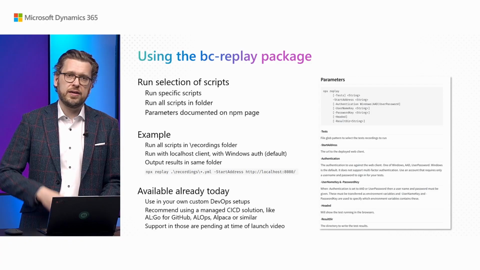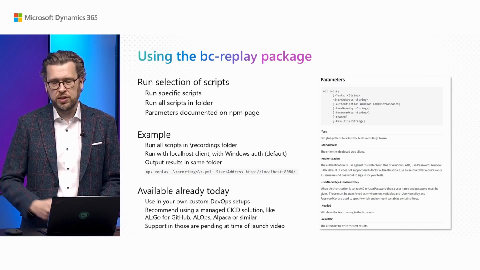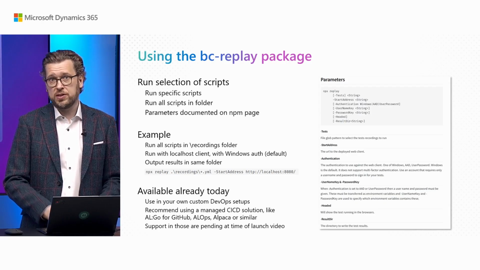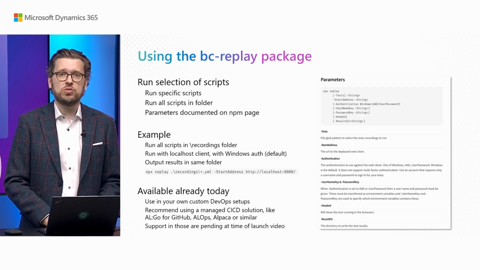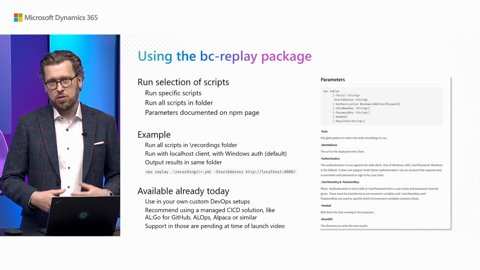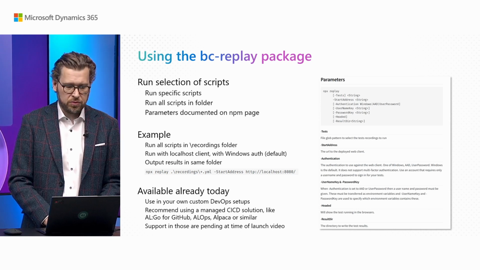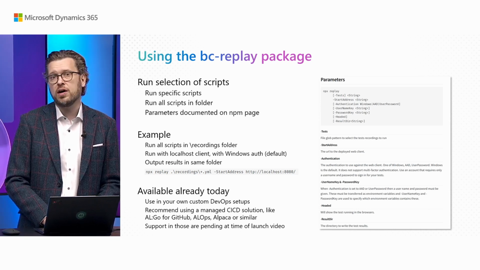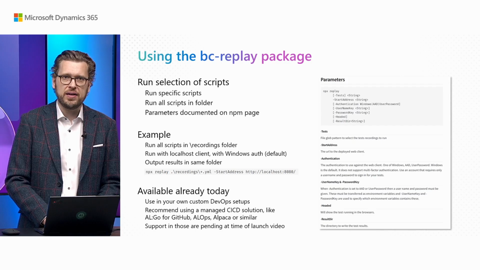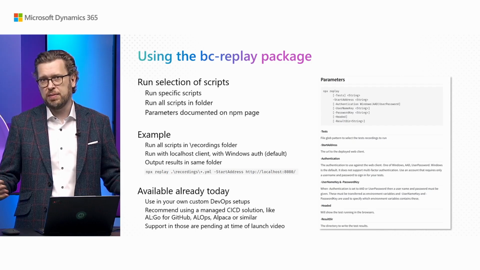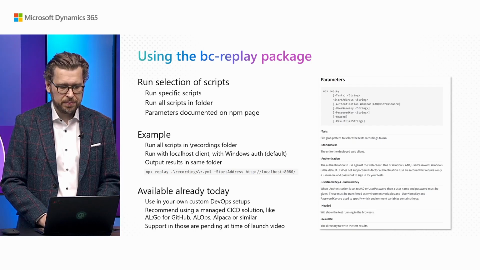Now, this is available already today. So you can go and install this replayer and use it in your pipelines, especially if you have your own custom DevOps solution today. Now, we always recommend using a managed DevOps solution, for instance, AL-Go for GitHub or ALOps or Alpaca, so you don't have to spend time on building your custom setup.